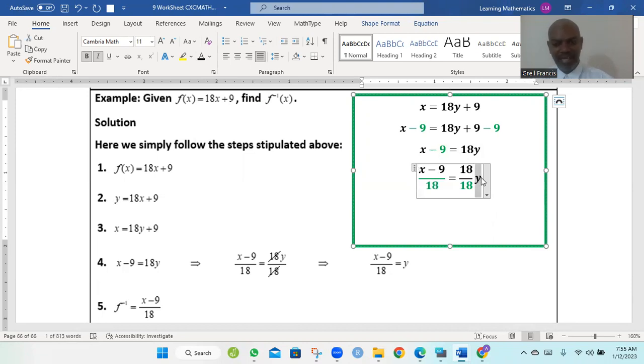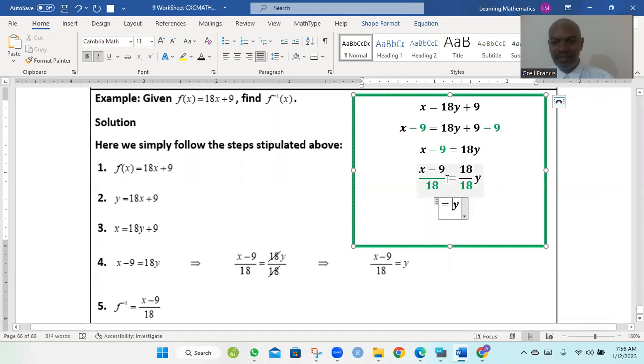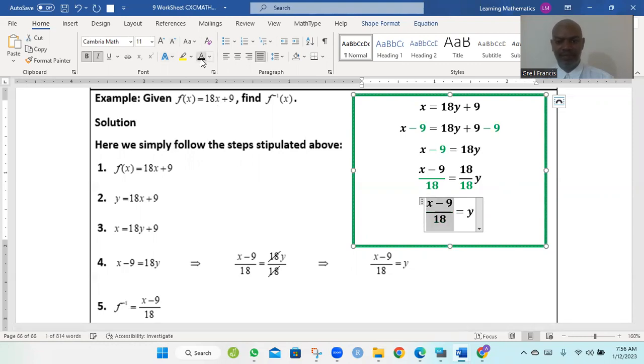So now remember what we said. Y can be by itself, either on the left side or on the right side. In that case, y is on the right. You can read from right to left in a math equation. So from right to left, y is equal to x minus 9 over 18.